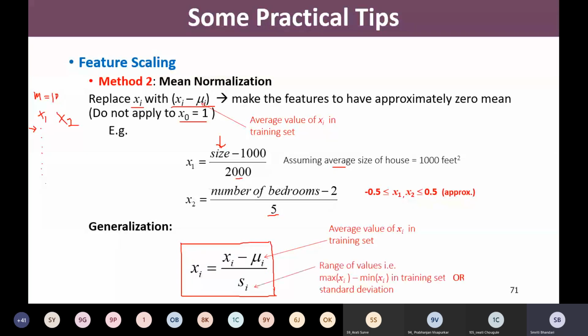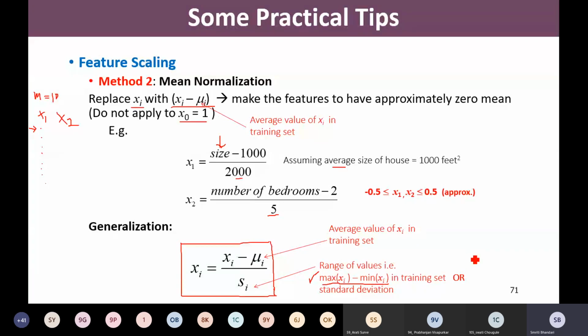And what is si? Instead of the maximum value in the range, si is considered as the range of values, that is maximum xi minus minimum xi in the training set, or sometimes it can be considered as the standard deviation. But usually we consider it as maximum xi minus minimum xi.